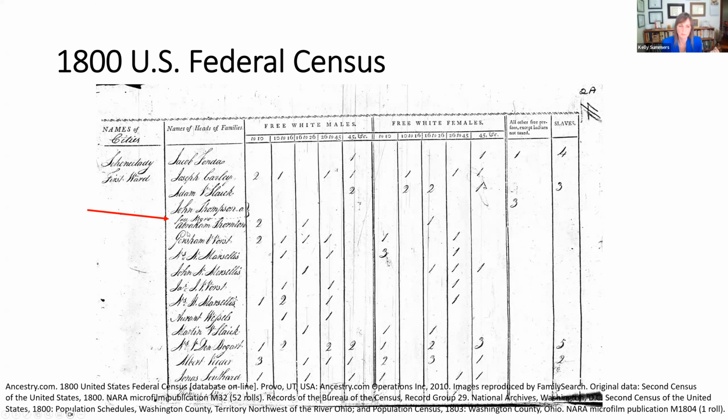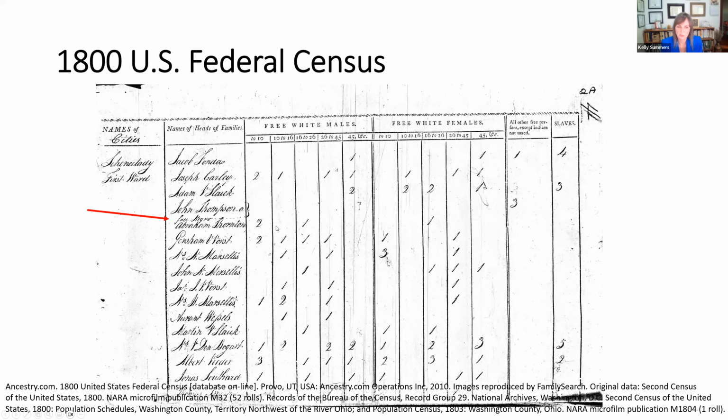Now let's look at the one below him. Abraham Thornton has 2 males under the age of 10. And then we have blank here. And then we have one male, 16 to 26, and then nothing here. Then we go to the female side, and we have 1 female, 16 to 26, and then nothing more.